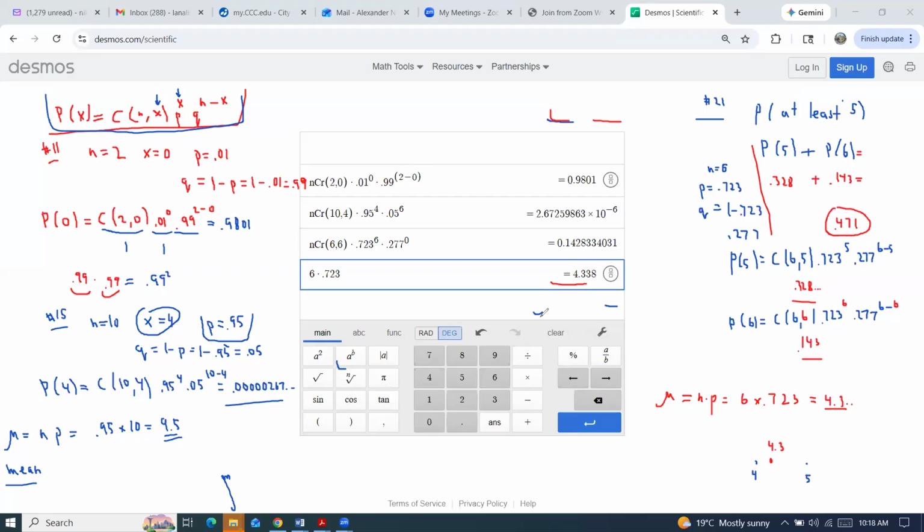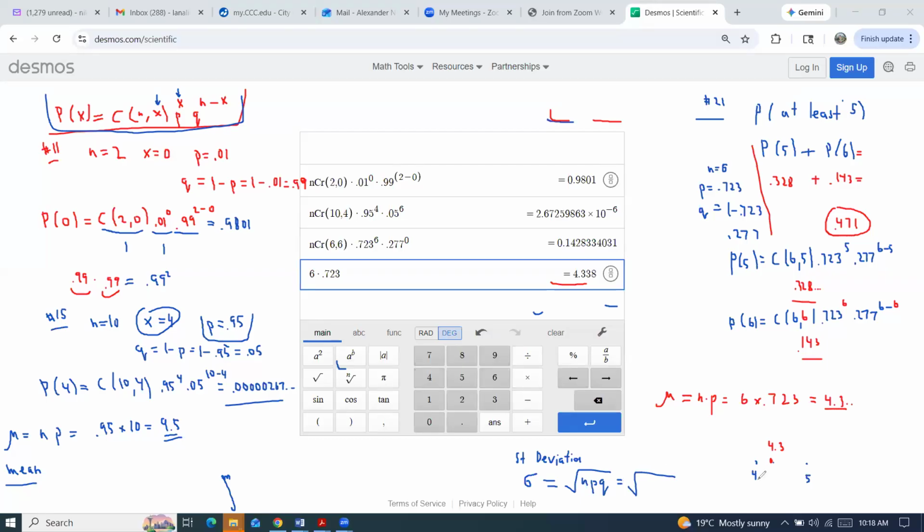But remember, there was also the so-called standard deviation. There is a special formula for the standard deviation in the case of a binomial distribution, and they just give it to us, sigma.